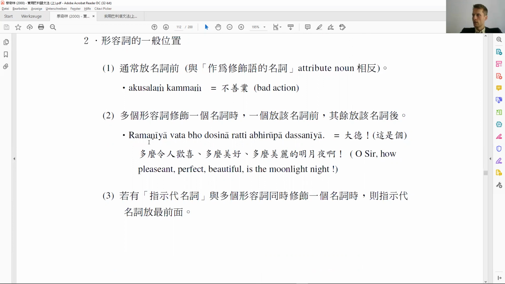So here, the first adjective Ramaniya and the second abirupa and dasaniya, third. Ramaniya, pleasant, bo, or sir, how, vata, pleasant, Ramaniya, perfect, abirupa, beautiful, dasaniya is the moonlight, dosina, night, rati.